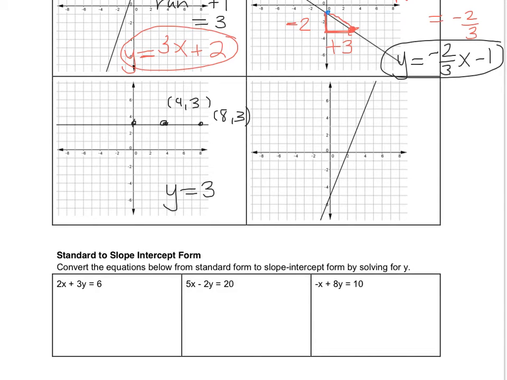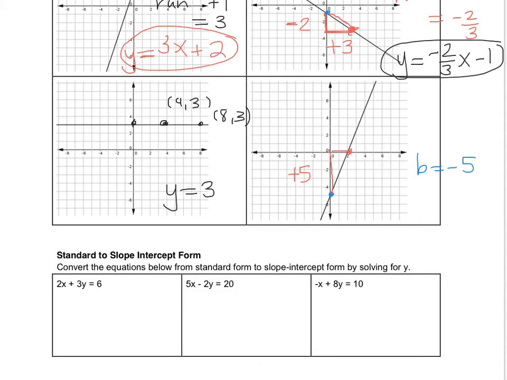So let's do the last one. Here, the y-intercept is negative 5. So I've got b equals negative 5. I can do my rise over run here. I need to find another nice point. So I look and I see, oh, hey, this looks like a great point to use. So if I start at my y-intercept, I go up 1, 2, 3, 4, 5.